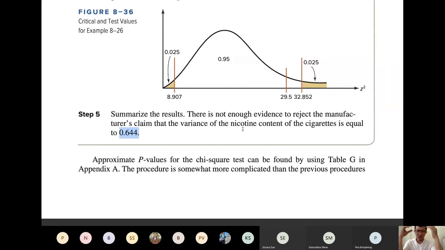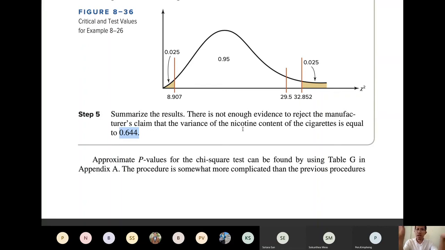And another way to come up with the conclusion, you may compute the p-value instead, and then compare the p-value to the significance level. That is another way of doing that.